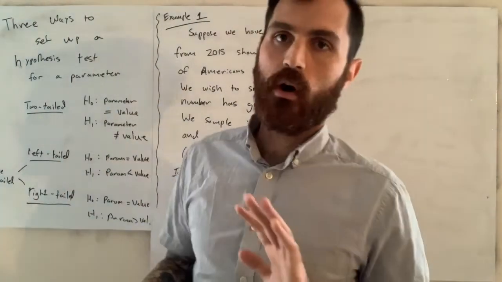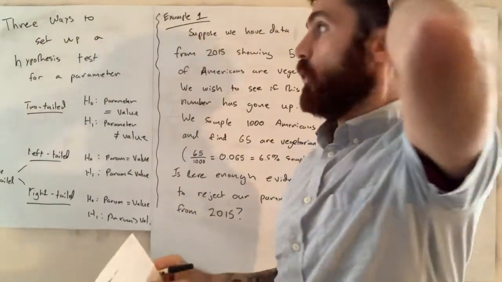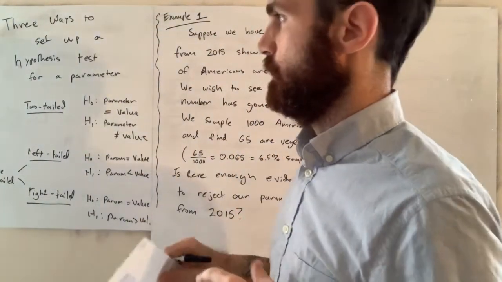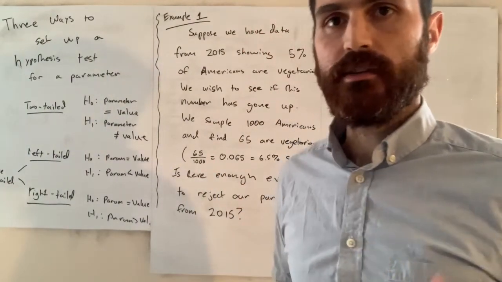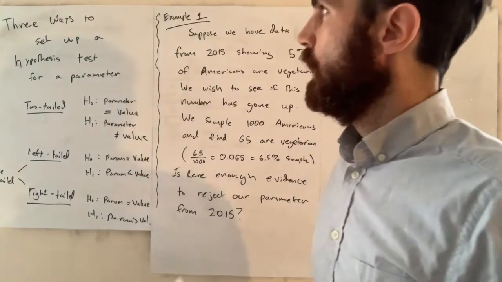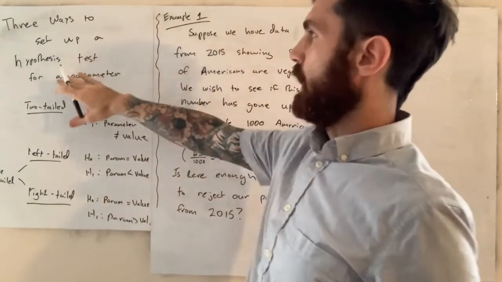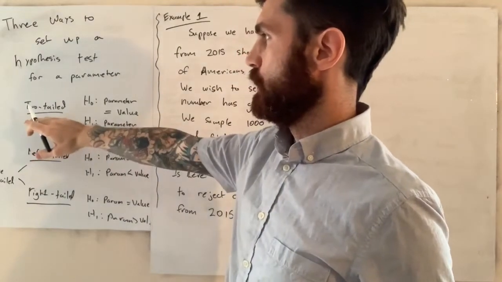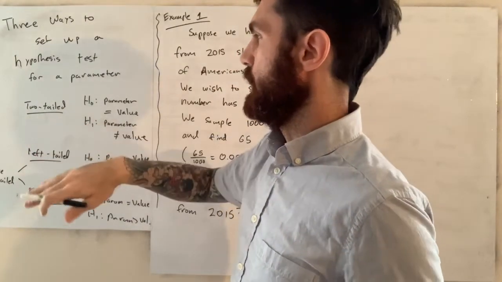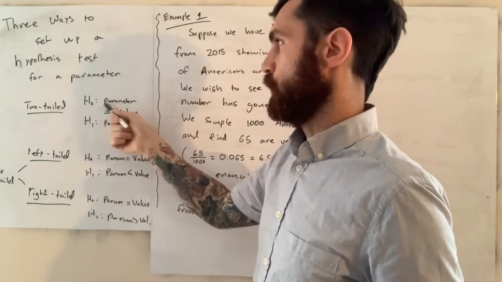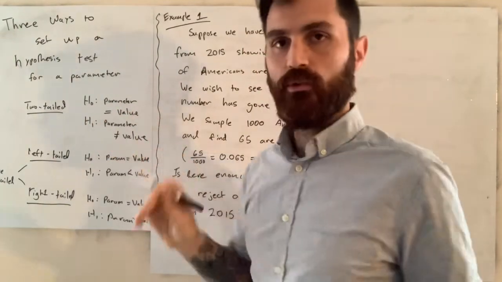So for our purposes, when we're deciding which parameters to take and which parameters to leave behind, there are going to be 3 ways to set up hypothesis tests. The first one is going to be two-tailed. The idea is your null hypothesis is always going to be that a parameter is equal to a value.